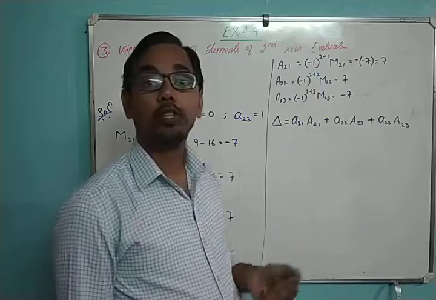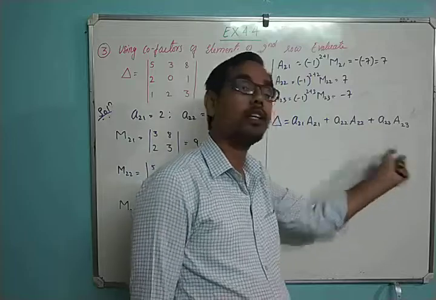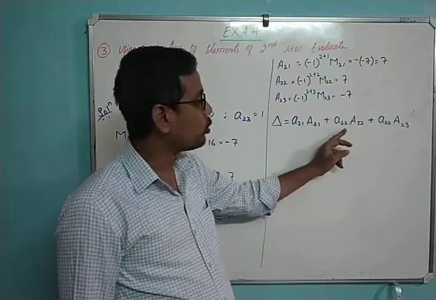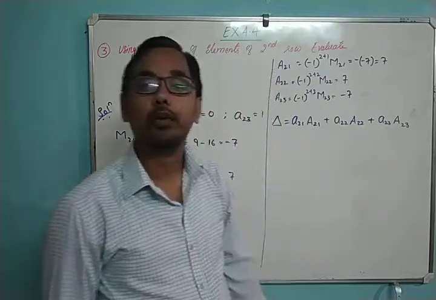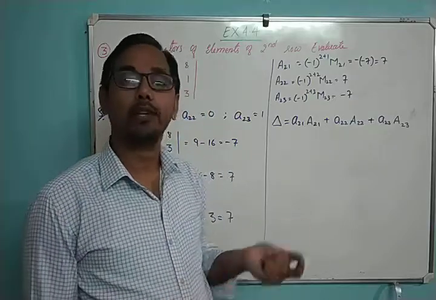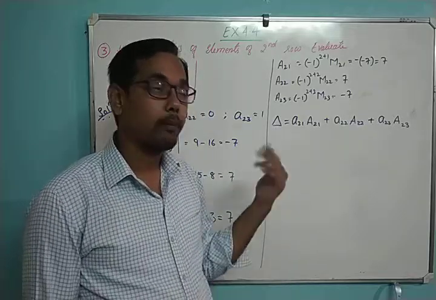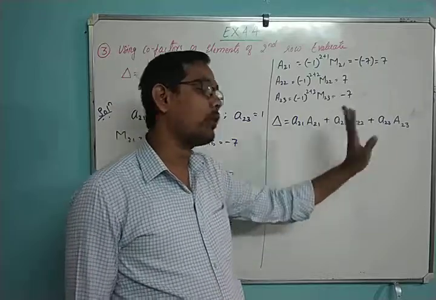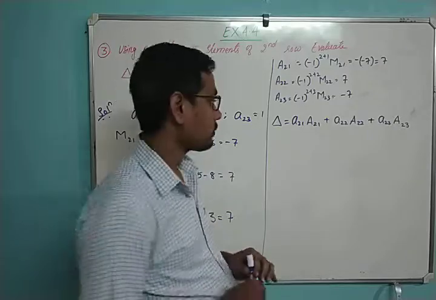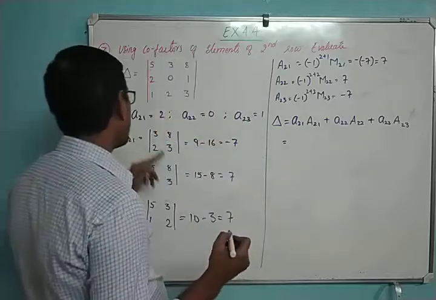They have asked us to use the cofactors of the second row, so for each cofactor you multiply the corresponding element. If it is the third row, then a31 into A31 plus a32 into A32 plus a33 into A33. If it is the first row, a11 into A11 plus a12 into A12 plus a13 into A13. This is how we need to make use of it, and it can be asked through a column also. Fine. So now, what is a21? 2.